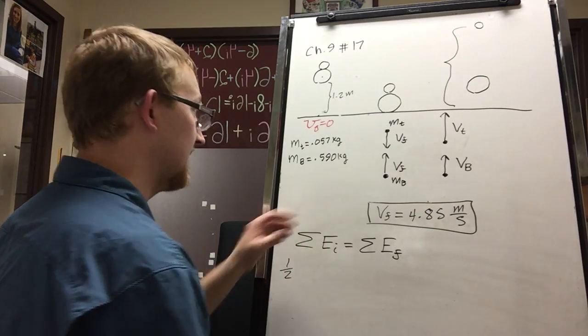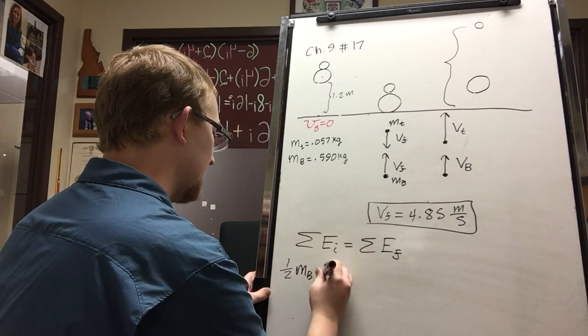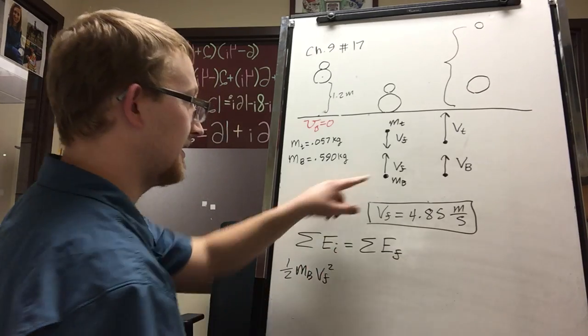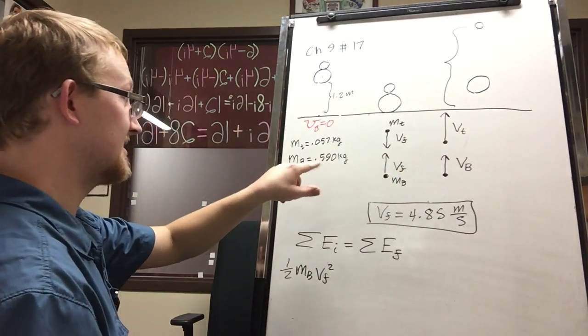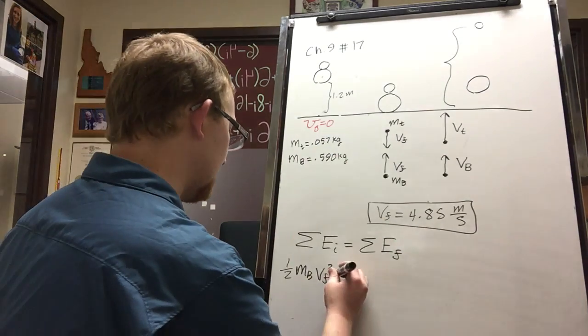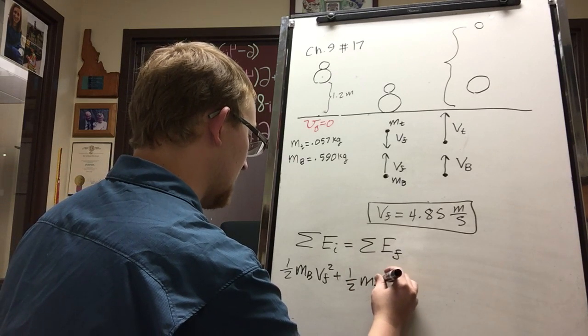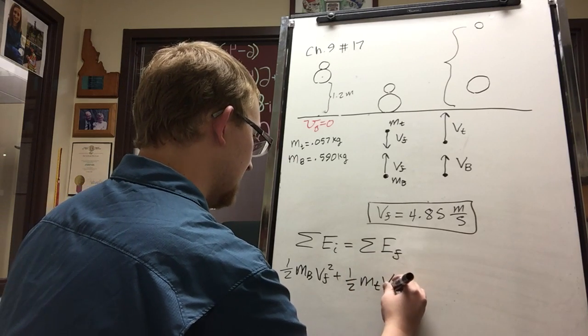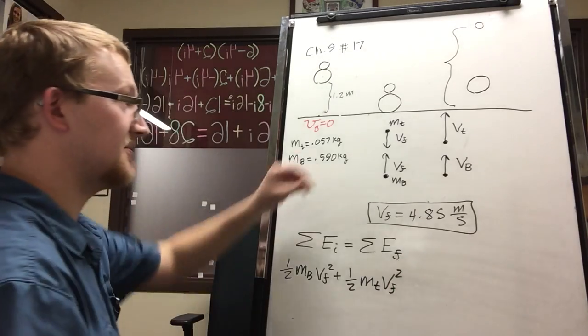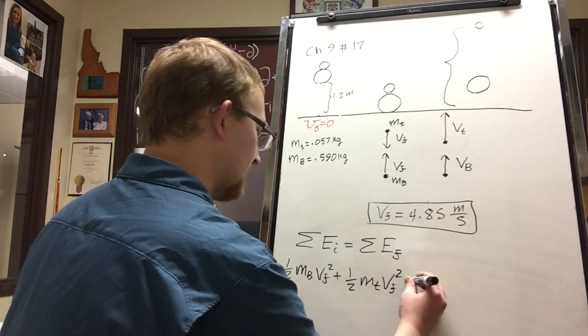So we start with the kinetic energy of the basketball, 1/2 mb times vf squared, because it's going at that final velocity, 4.85 meters per second, an instant before they collide, plus the kinetic energy of the tennis ball, 1/2 mt vf squared, because the tennis ball is also traveling at that final velocity downwards.